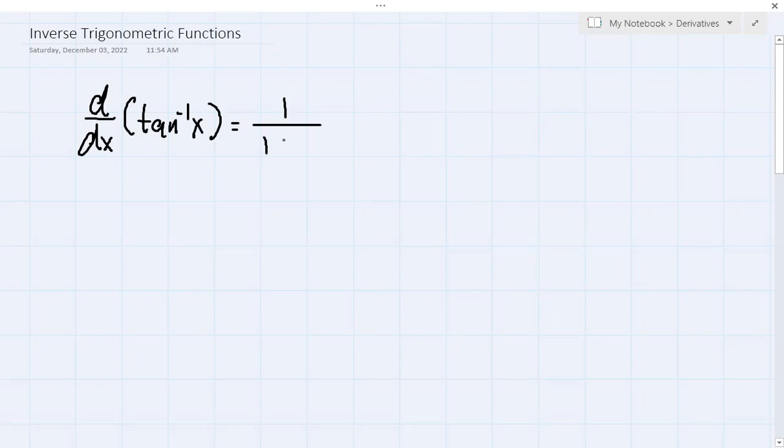Now, we will discuss the derivative ng inverse tangent at inverse cotangent. So, let's start with this one. Alright? Ano yung derivative ng inverse tangent x? So, ang derivative ng inverse tangent x, this is 1 all over 1 plus x squared. Then, sa cotangent naman, derivative ng inverse cotangent, this is basically negative 1 all over 1 plus x squared.